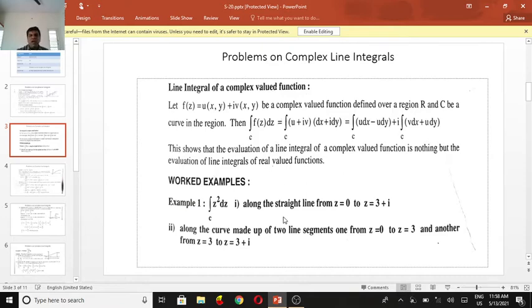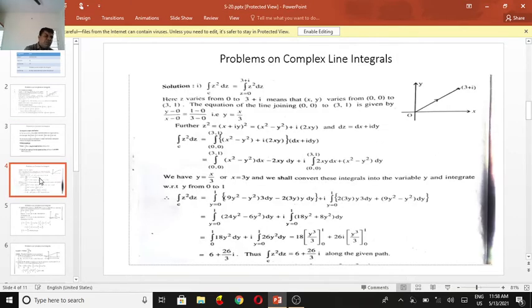First, we take a straight line from z = 0 to z = 3 + i. So the integral of z squared dz, along the line from 0 to 3 + i.